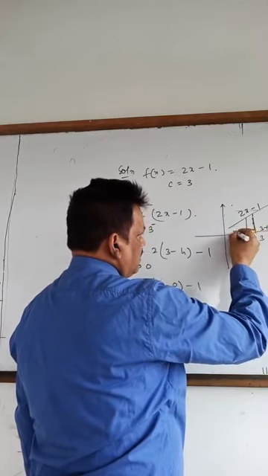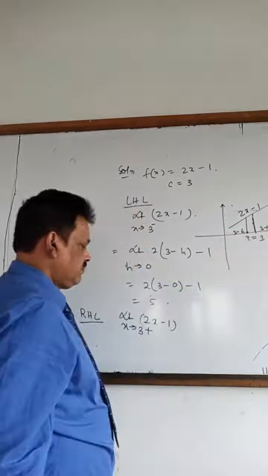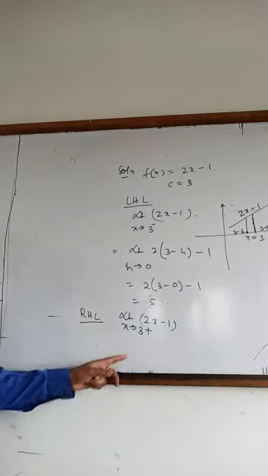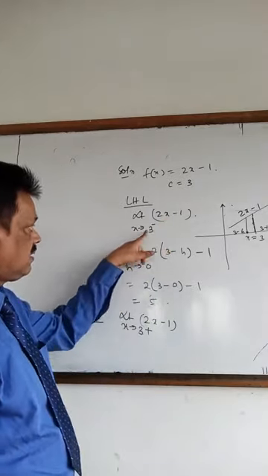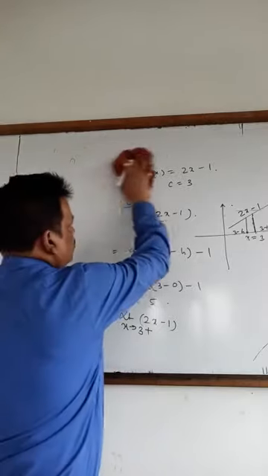This is your 3 minus h. So how to calculate? Just like how you calculated the left hand limit, now limit h tends to 0.